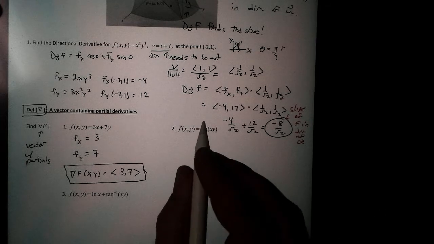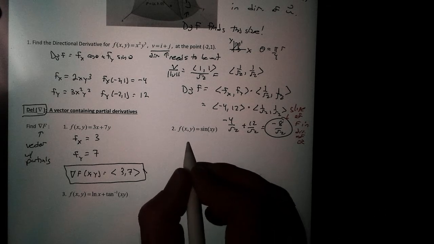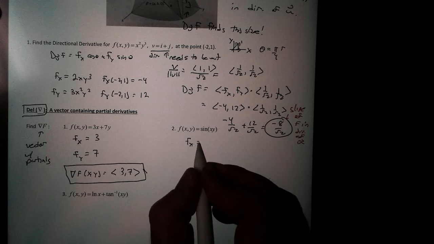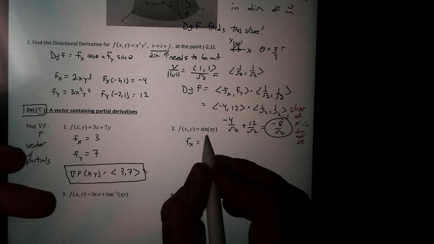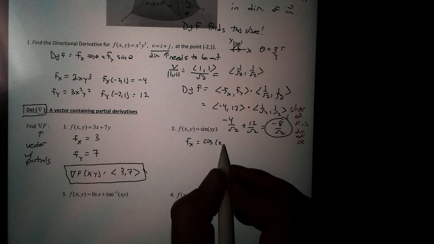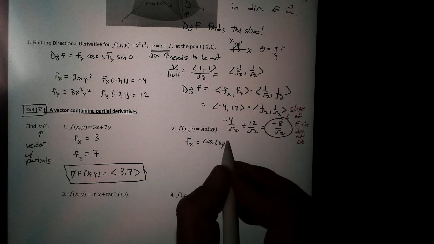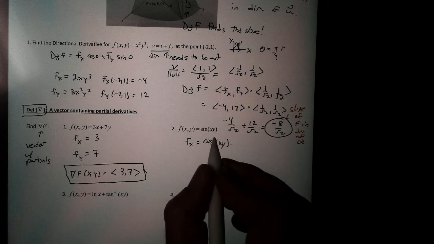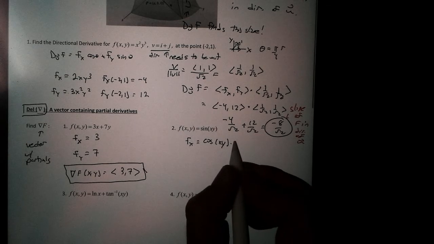Taking a look at number 2, if I want to find the partials here, I've got to find the partial with respect to x. Be careful, they're on the inside. You've got a chain rule here. We're going to get the cosine of xy, and I have to multiply that by the derivative of the inside with respect to x, which just becomes y.